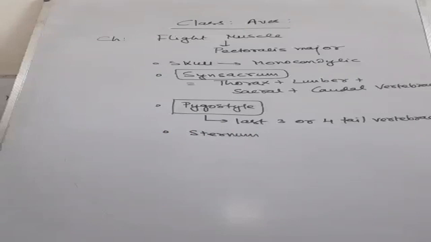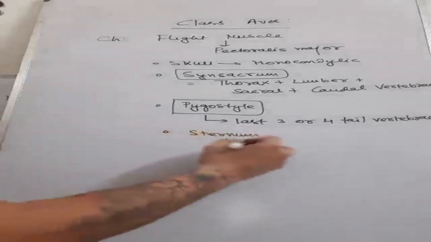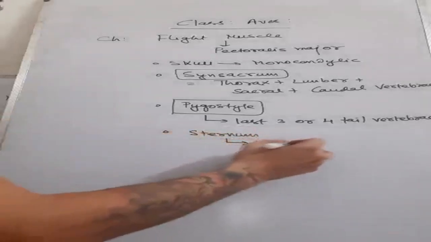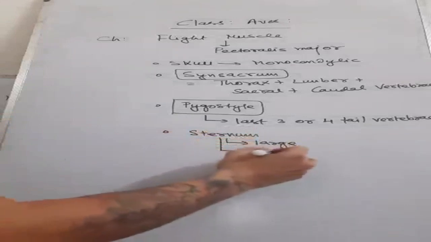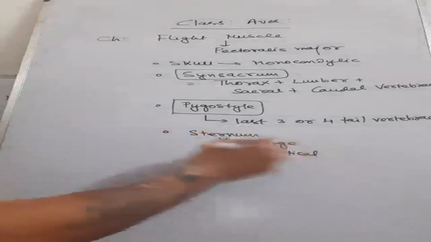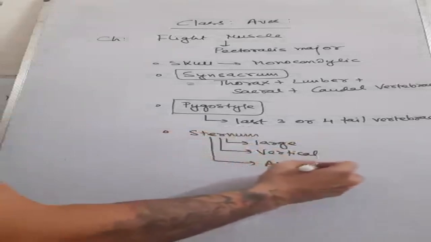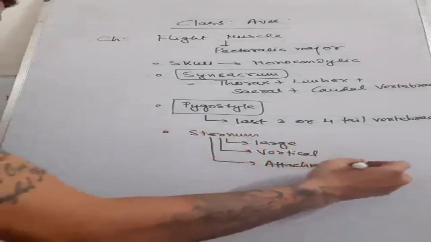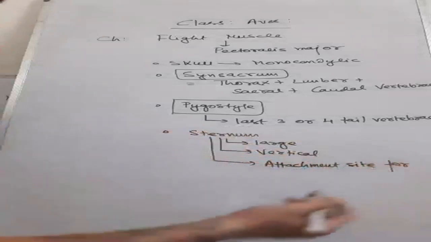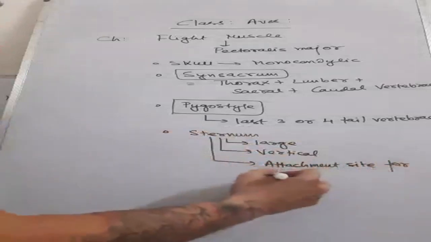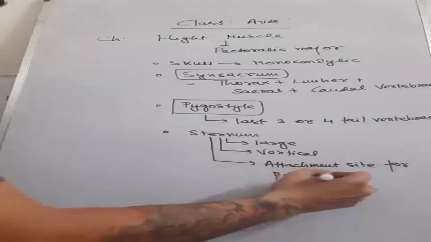So the sternum is there basically what? The sternum is very large. It is vertical, and it is the attachment site for pectoralis major.